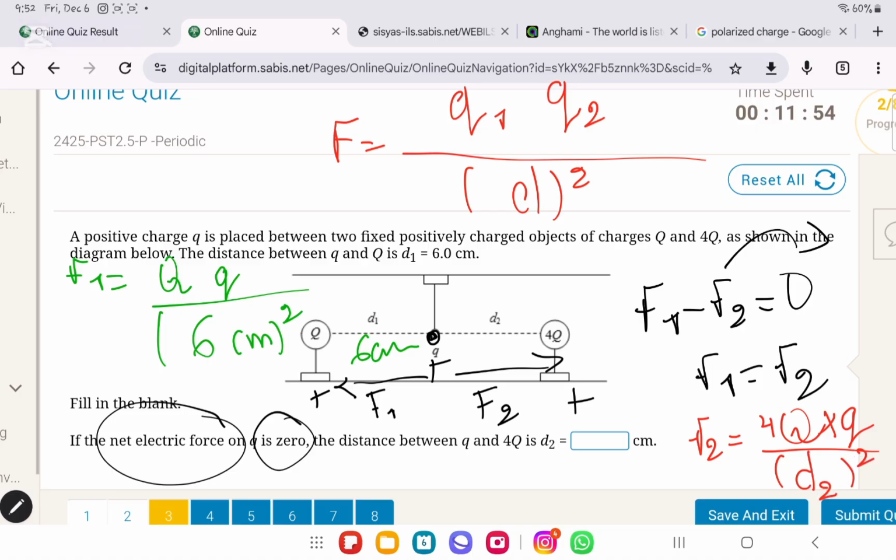Now we said that force 1 is equal to force 2, so we make them equal to each other. So capital Q times q divided by 6 centimeters, all of it squared, is equal to 4Q times q divided by the distance 2 squared.